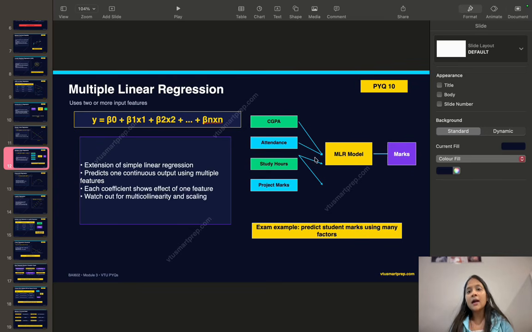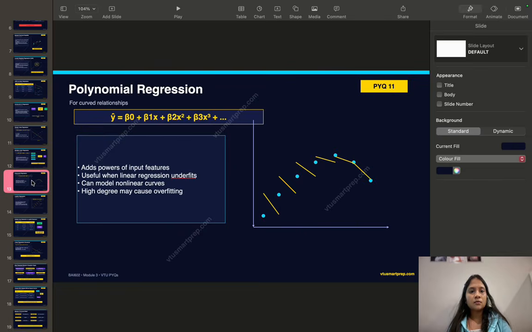What is MLR? Multiple linear regression. All this data goes into the model, it is trained using these values, and then it is going to predict the marks. For example, it predicts a student's marks using many factors based on CGPA, attendance, study hours, and project marks. The MLR model is going to predict the marks for that particular student. So that is MLR.